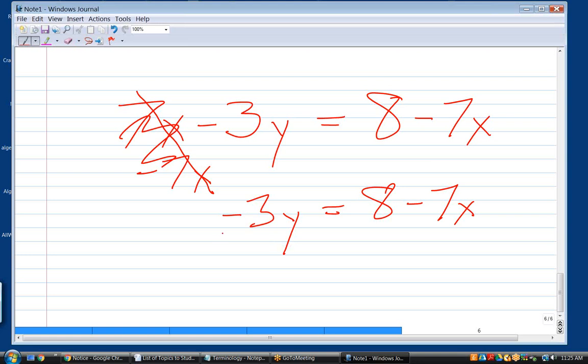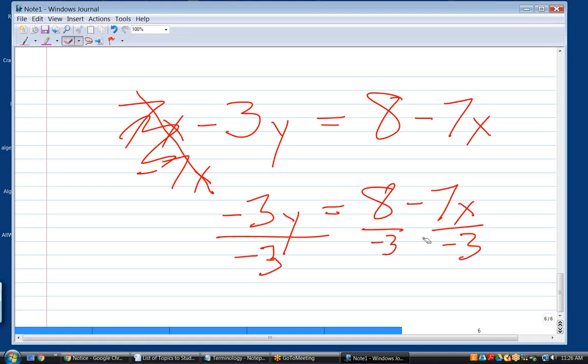Divide, the opposite. Always do the opposite. And you might as well divide by minus 3, because we want to have what's left be exactly y. So I have to divide that by minus 3.